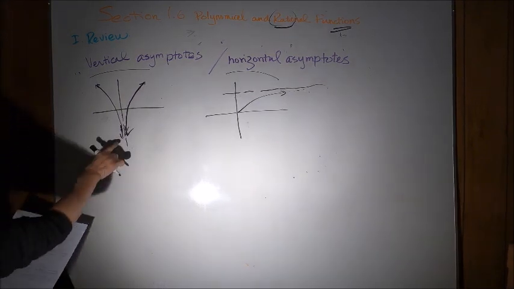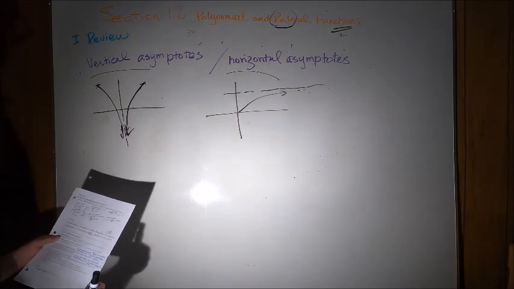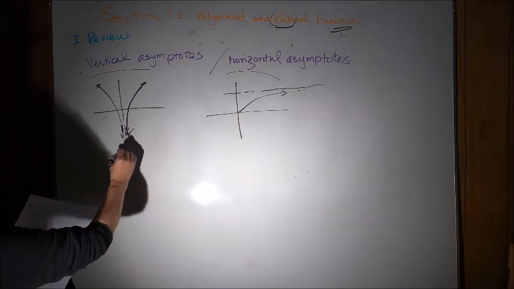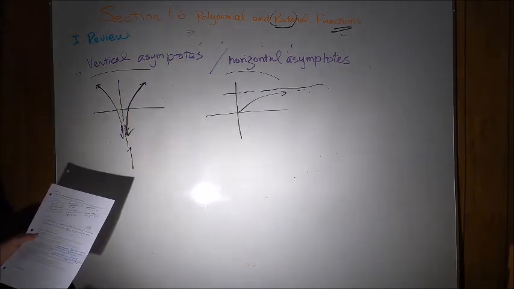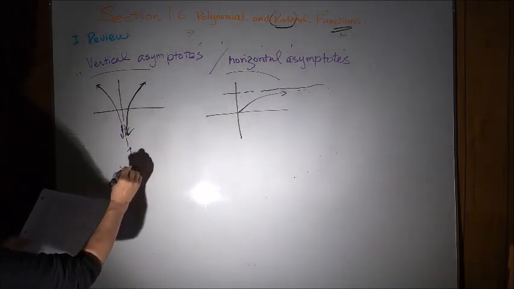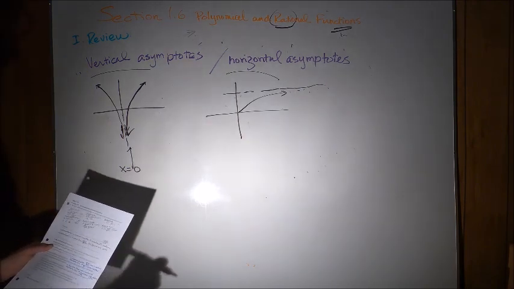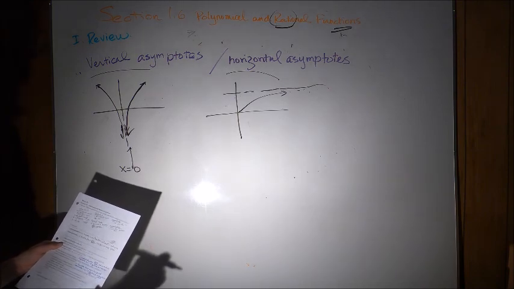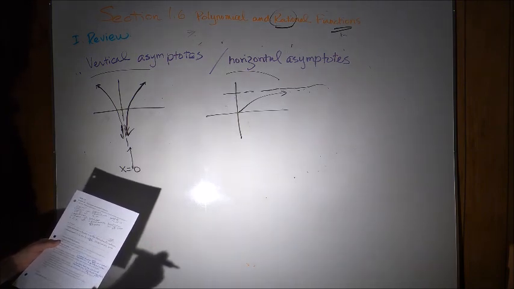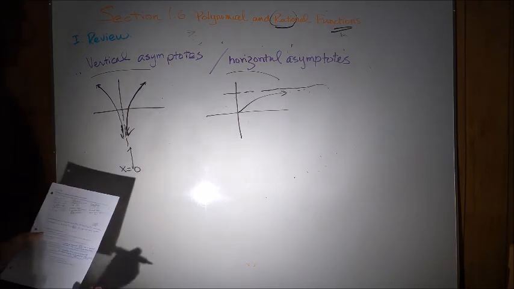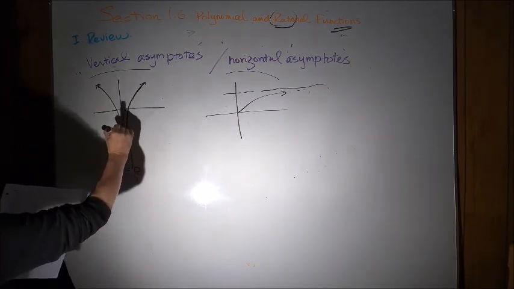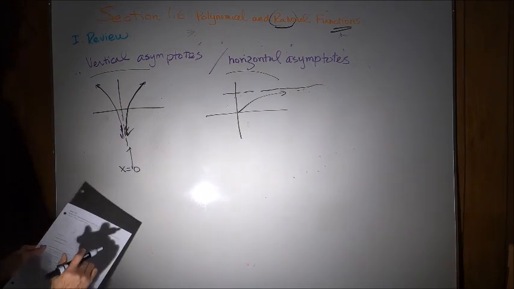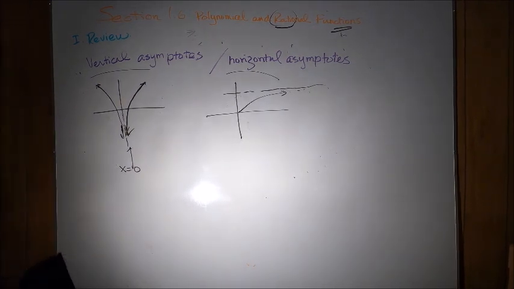So how we are going to describe a vertical asymptote: this is the vertical line, say x equals 0, and the graph tends toward positive or negative infinity as the input approaches it. So this line is x equals 0, then f of x, the y, approaches infinity.